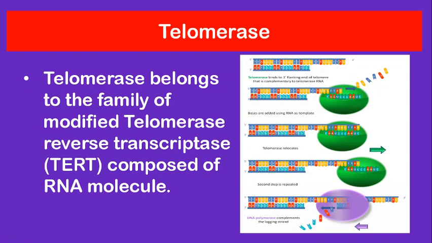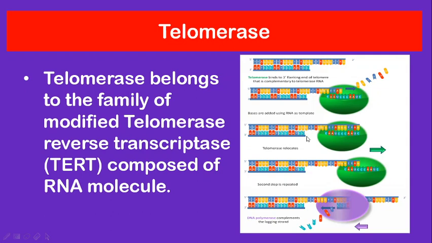DNA polymerase cannot attach more nucleotides at the 5' end; it needs a free 3' OH end to attach nucleotides. So 8 to 12 bases will be lost at the chromosome ends.